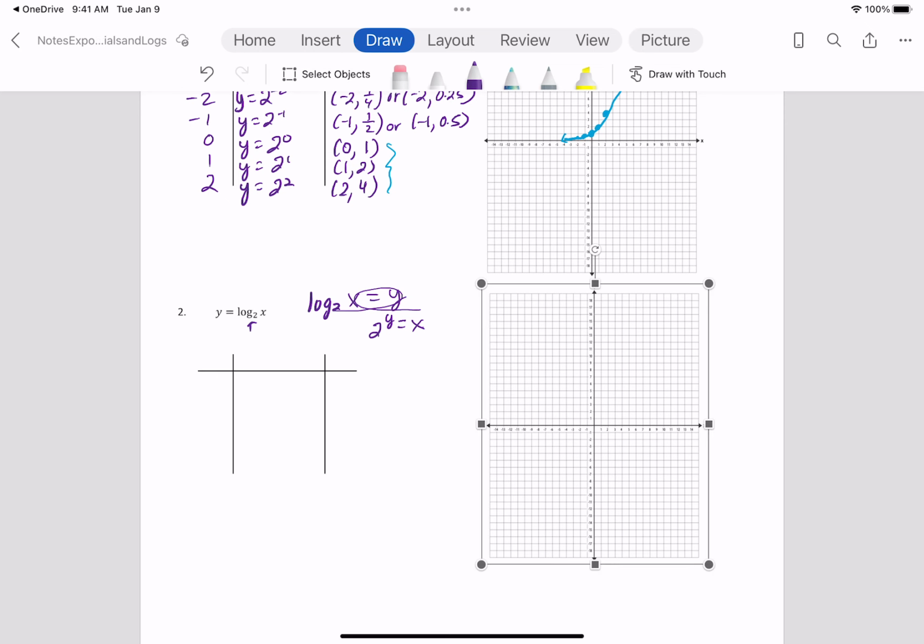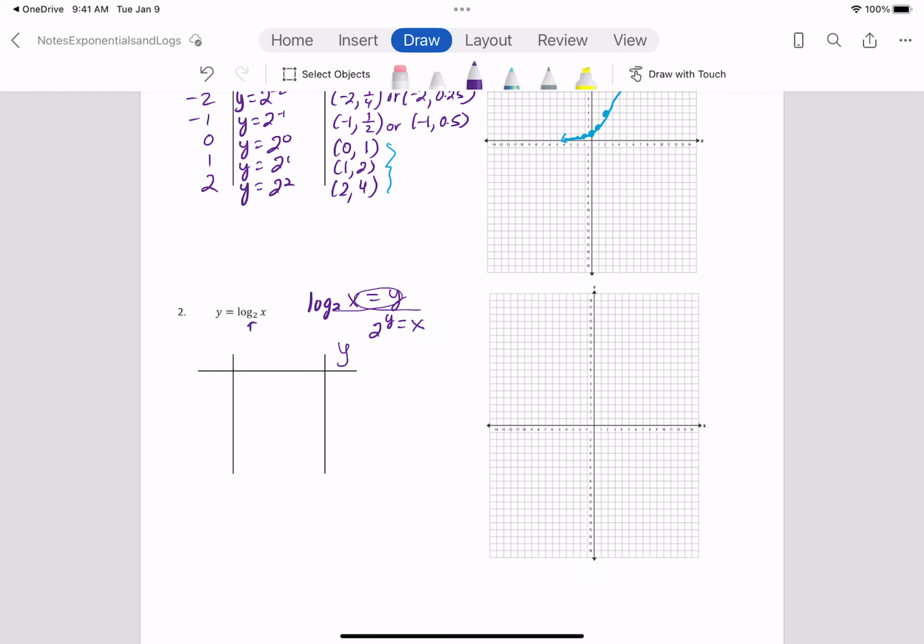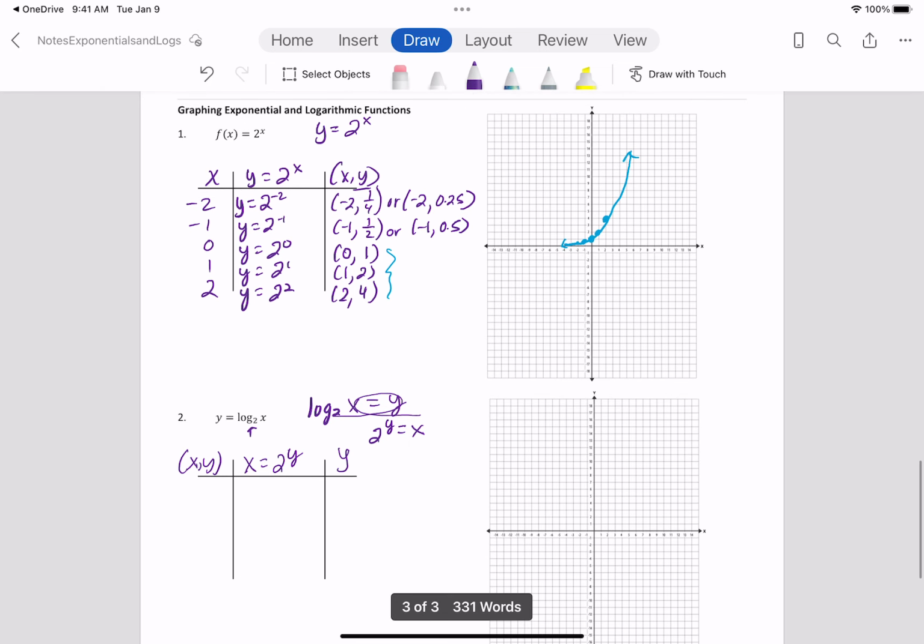So we're actually going to be choosing values for y. And then we will plug that in to find x. So it's very similar to the problem we just did.